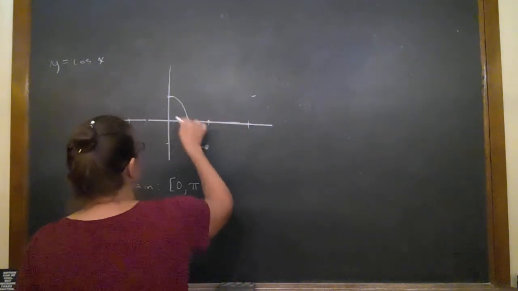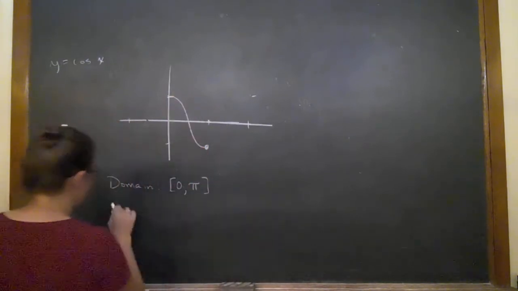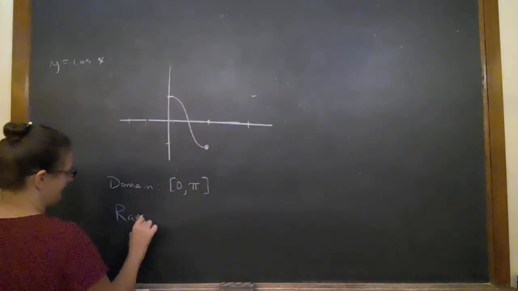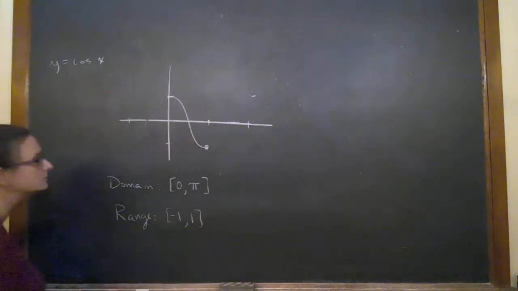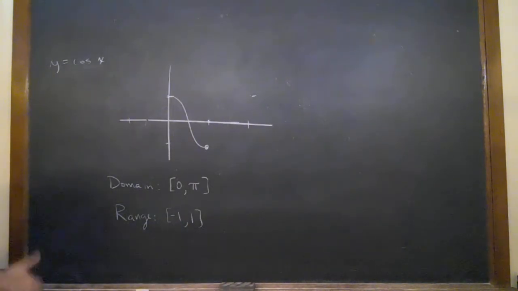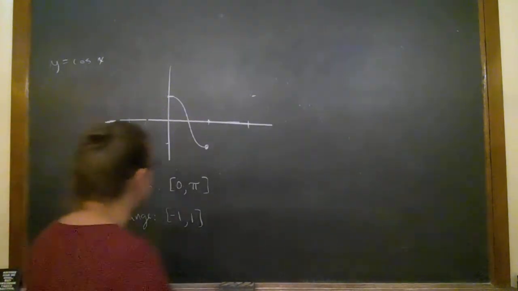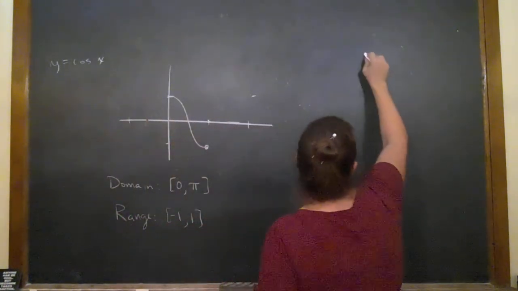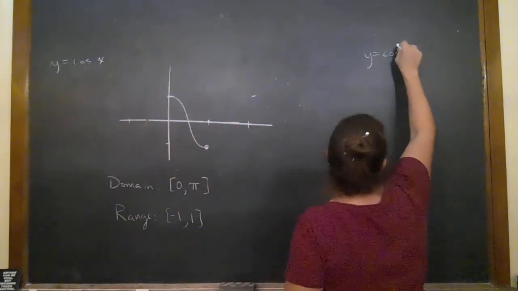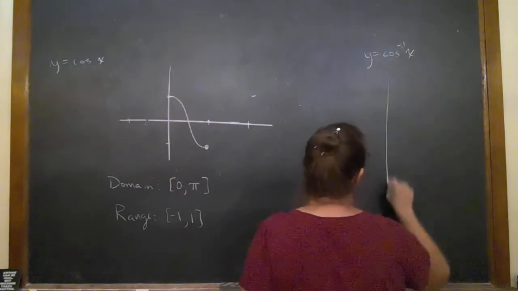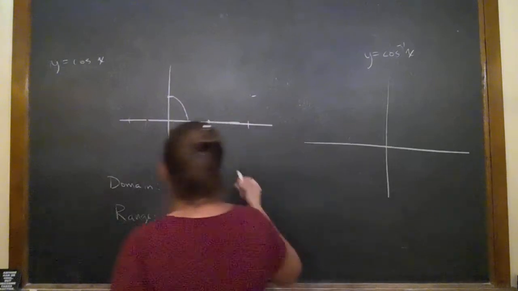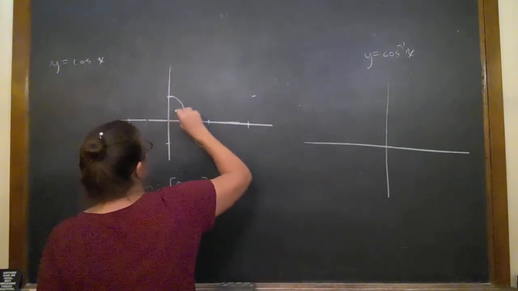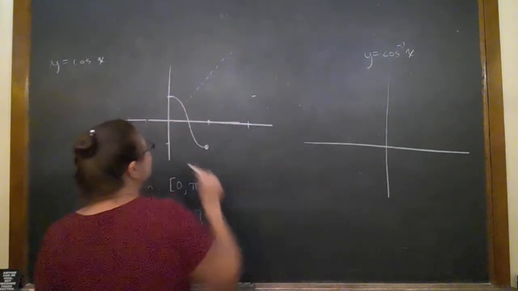Okay. Domain, range, of course, being negative 1 to 1. Now, when I invert this, this one is always hard for me to picture because we're going around the line y equals x, and that's here.